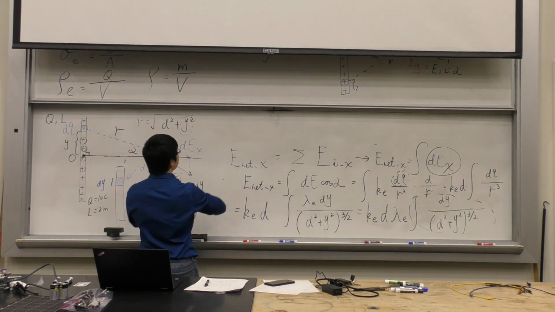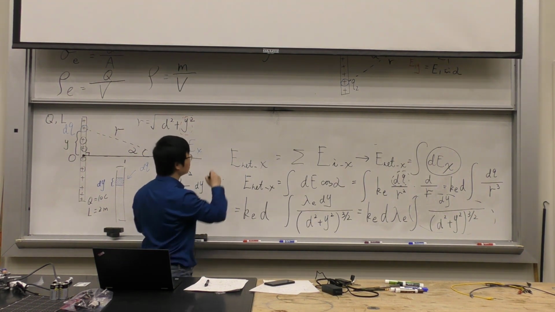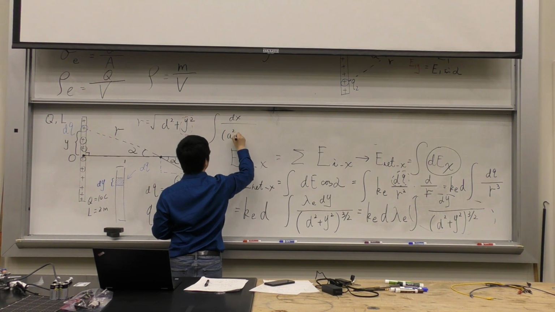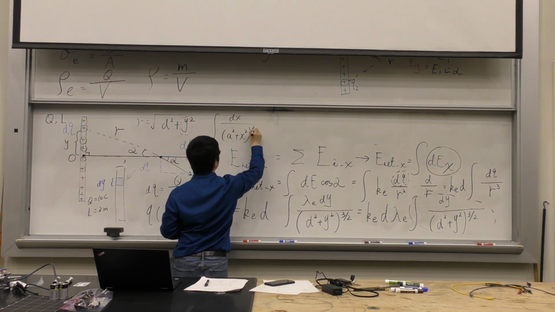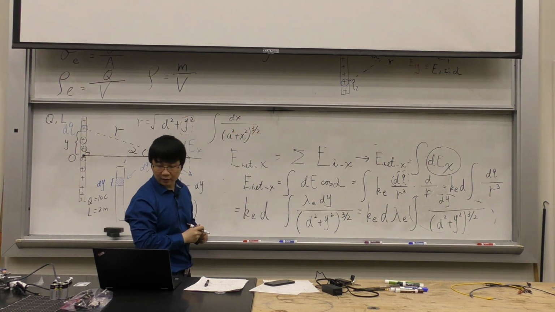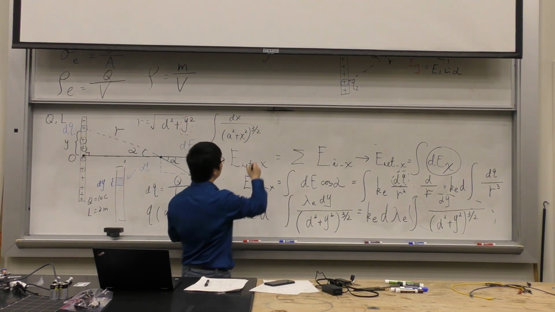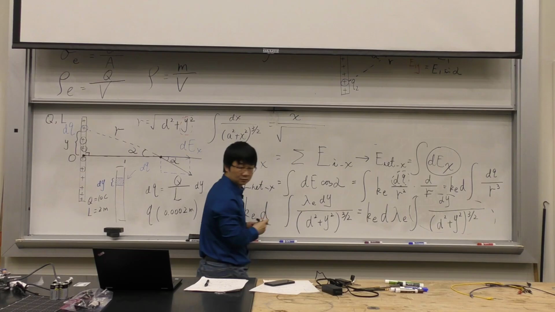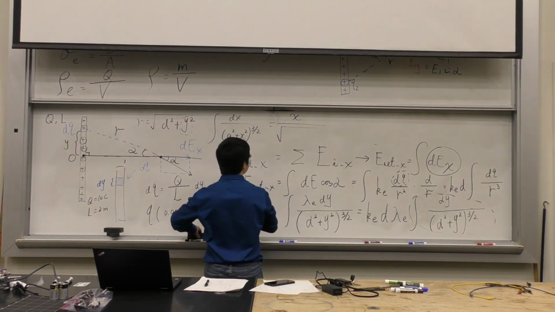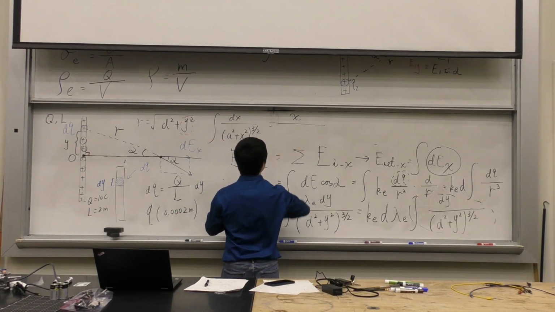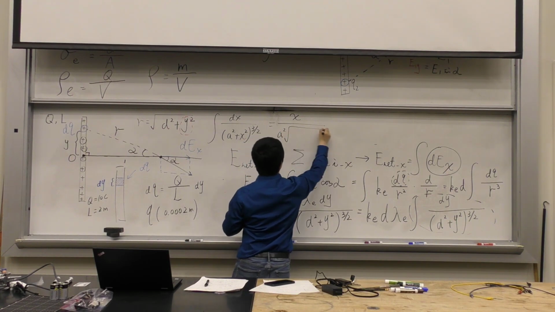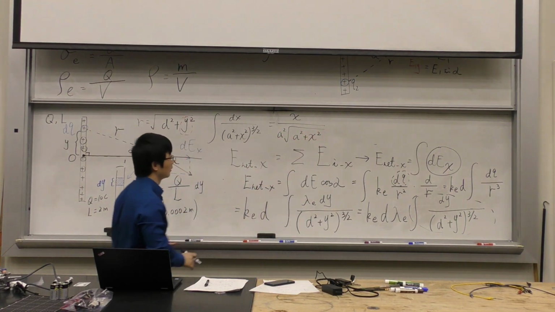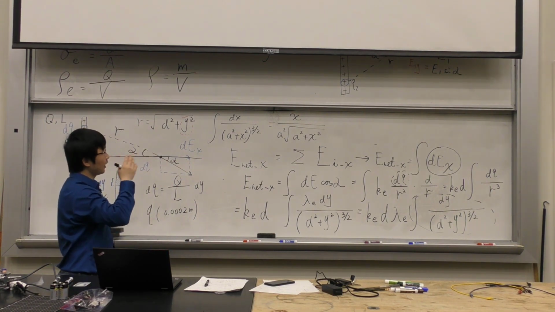It's dx over a squared plus x squared to the power of 3/2. The answer to this integral is the variable divided by a squared, times the square root of a squared plus x squared. That's the answer to this integral.